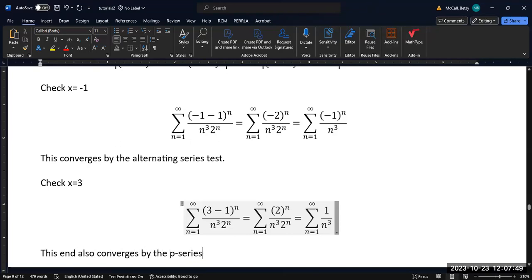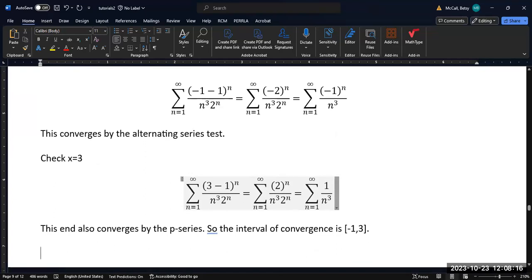So before, when we had only one n, it diverged because of the p-series test. But here, the p-series test says it converges because the power of n is bigger than 1. So the interval of convergence is -1 and 3 with both endpoints included.